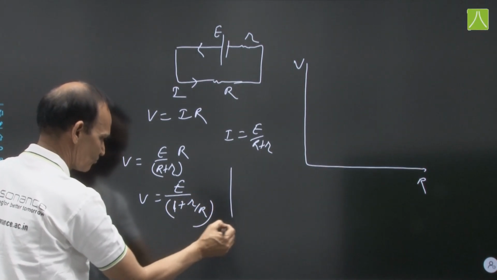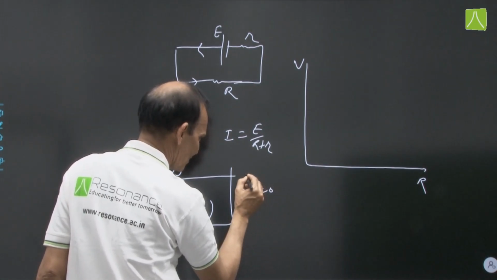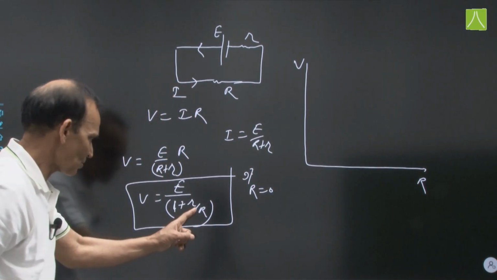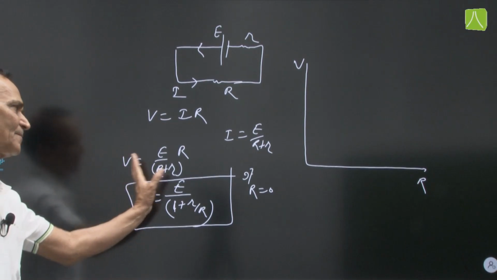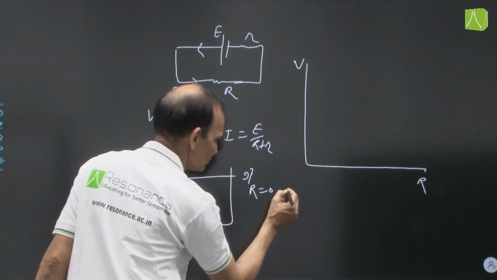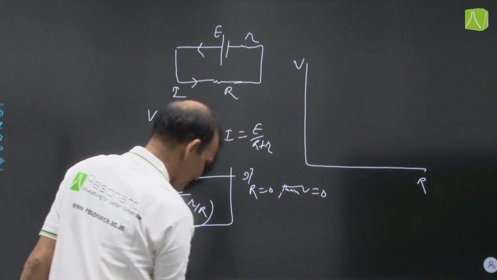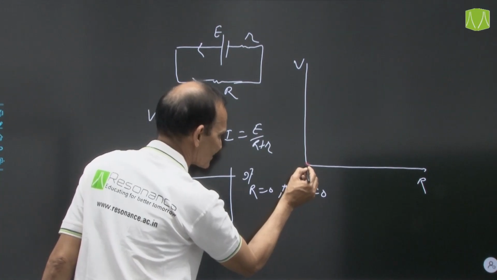It is the relation. Now think about it, if small r is equal to 0, then what is the value of V? Let us put it here: small r is equal to 0, then V is equal to 0. So this will be the point.